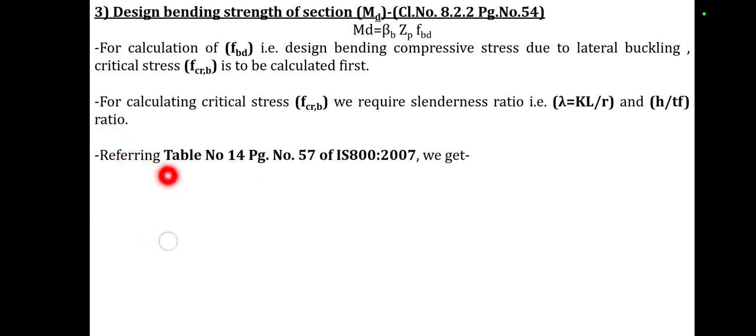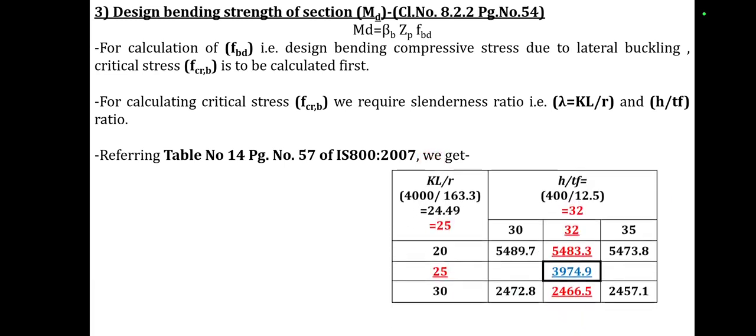We are referring to table number 14 of page 57 of IS 800:2007 for getting the value. So dear students, concentrate on this table. First of all, we have to calculate the value of KL upon R. Our KL upon R is 24.49, meaning approximately it is equal to 25.